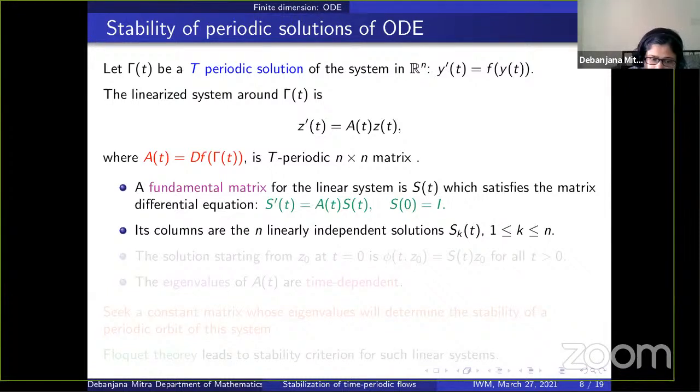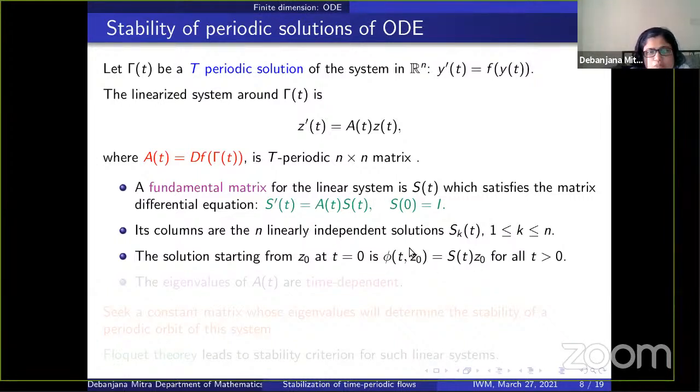So then the solution of this linearized system, given here, with initial condition Z0 at t equal to 0, if I denote the solution trajectory by phi(t, Z0), this is nothing but equal to S(t), the fundamental matrix I just talked about, acting over the initial vector Z0. So this is the expression of the solution trajectory corresponding to this linearized system.